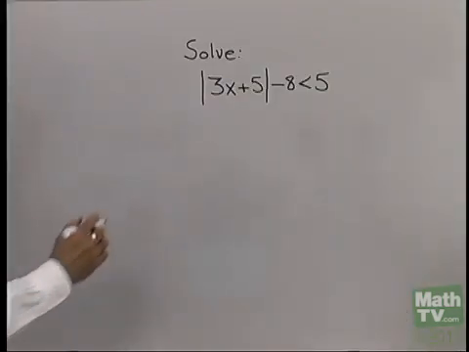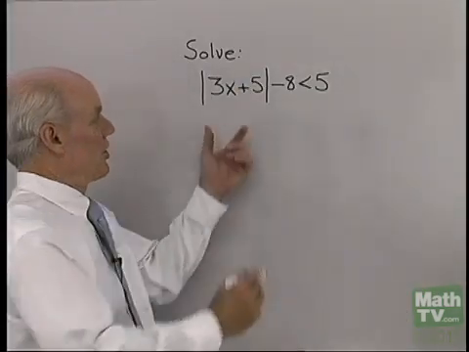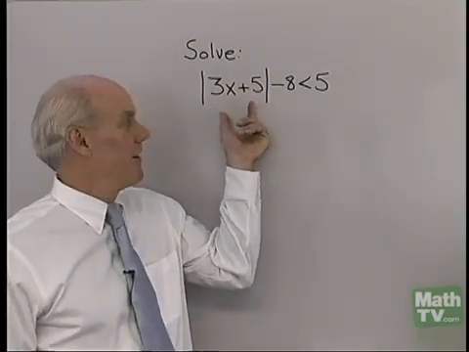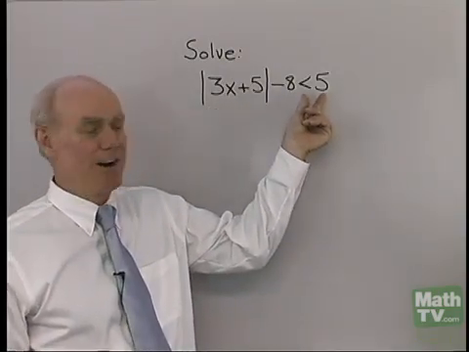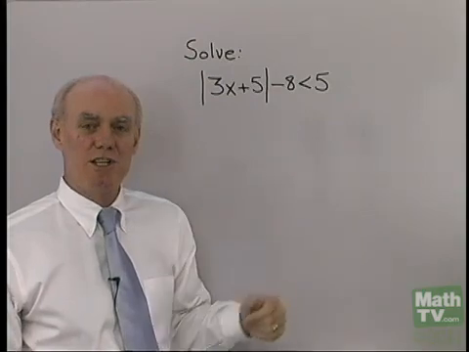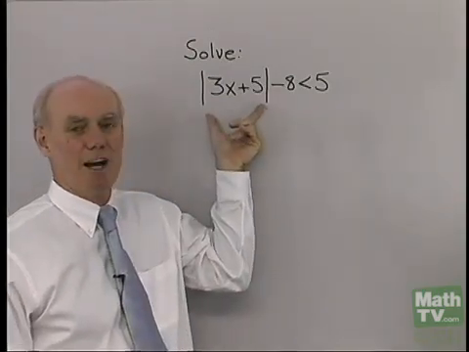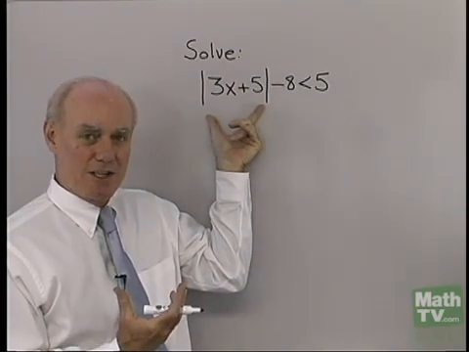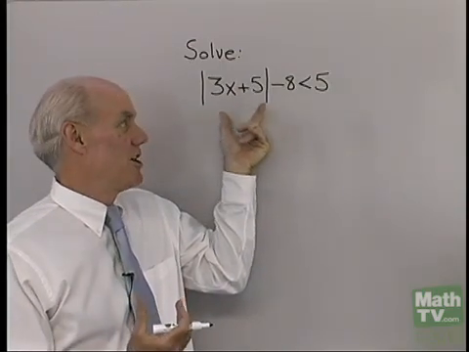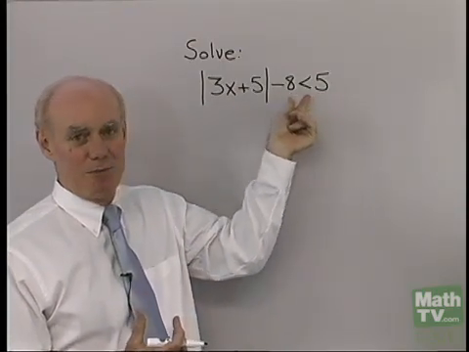In this case we want to solve the absolute value of 3x plus 5 minus 8 less than 5. Okay, I want to do the same kind of reasoning I did on the last problem, but to do that I need to isolate my absolute value symbol over here by itself on the left side of this inequality. So I'm going to start this by adding 8 to both sides.